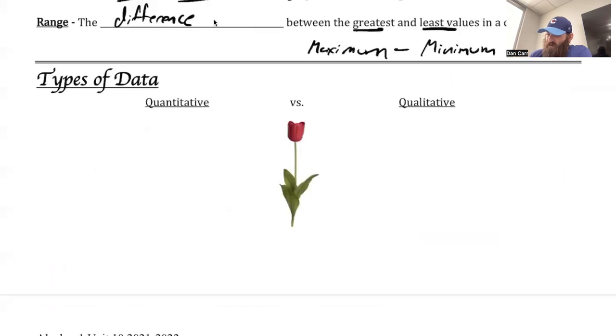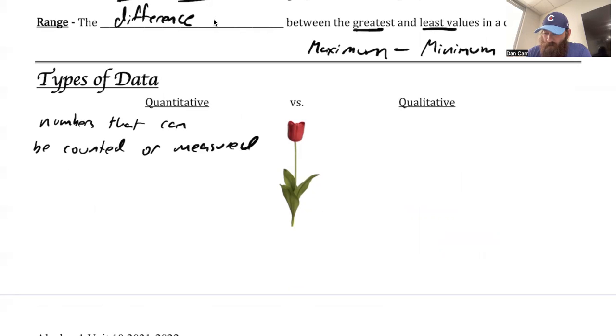So we're going to analyze how to find certain things real quick. As mentioned, quantitative data is just anything that is numbers that can be counted or measured. So things like maybe people's age, that's one. Height, that is a quantitative data set. So again, quantitative is numbers that can be counted or measured.